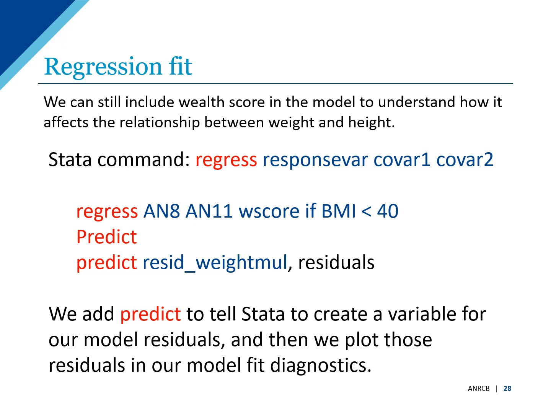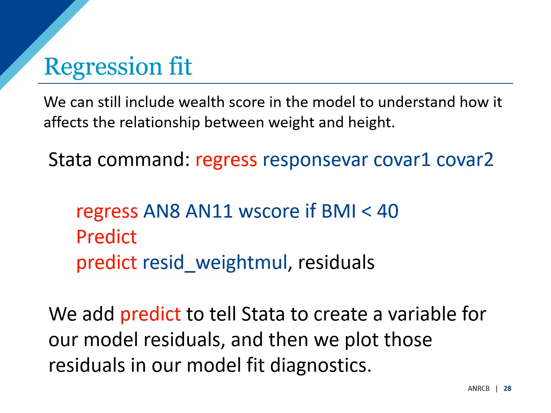To perform this multiple regression, we include W score, the variable that represents wealth score, in our regression command. Now we're adjusting our measures of slope and intercept, or the relationship between weight and height, by the variable for wealth score. This gives us an adjusted equation for weight and height when taking into account wealth.